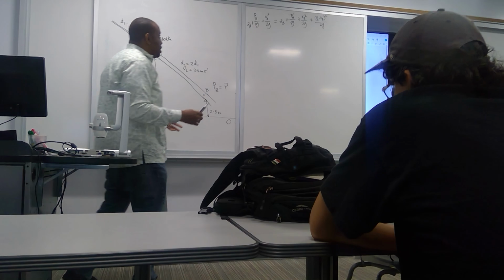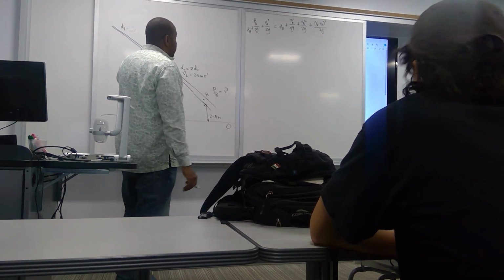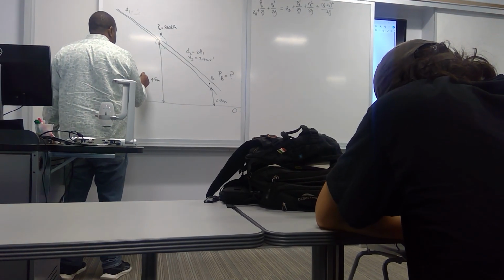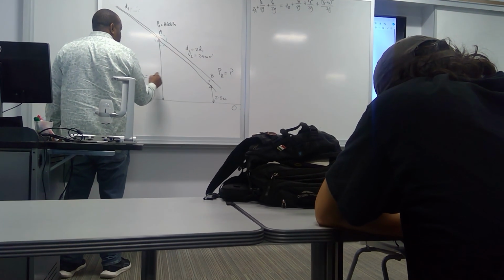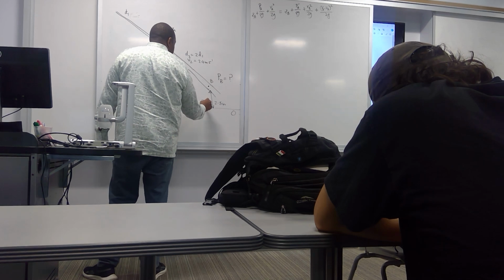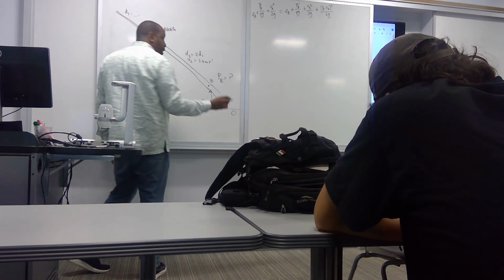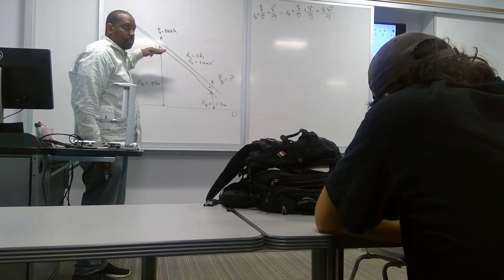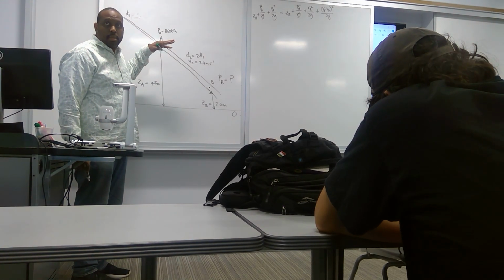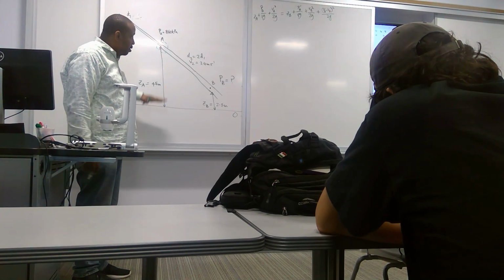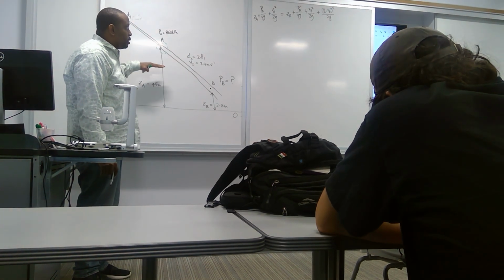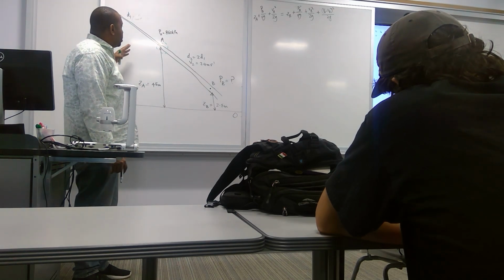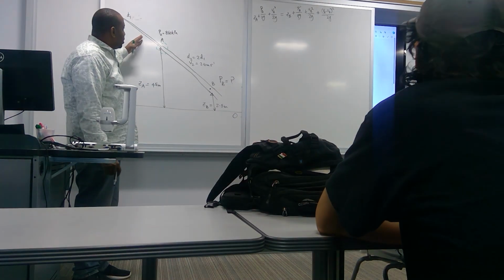We have PA, we know ZA, so this is my ZA here, and this is my ZB. Are they positive or negative? Positive, because they are above the datum, above my zero, not below. And now we need to find our VA and our VB.